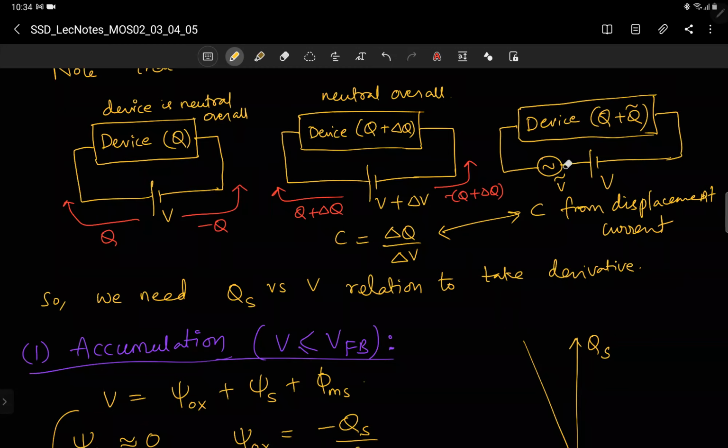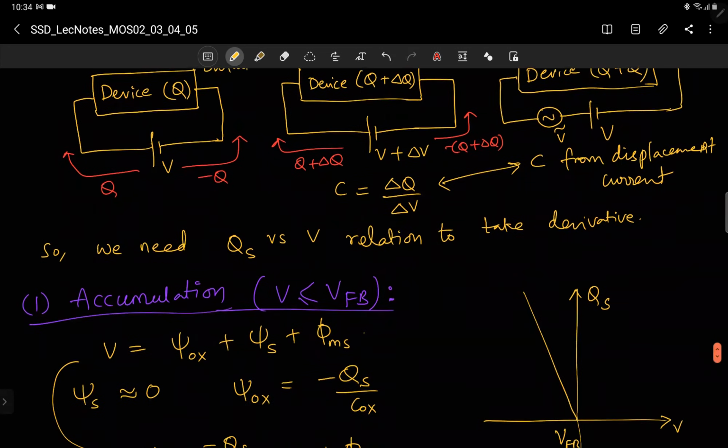Offset means, in the phasor diagram, if I or V leads or lags, you have some imaginary term in the current, which corresponds to either capacitance or inductance. You know that. The displacement current gives you capacitance, which is similar to this: you know Q as a function of V, and then you take the derivative, and that capacitance will be the same as the capacitance obtained from displacement current, that you will see in circuits.